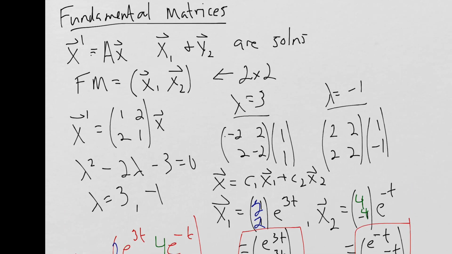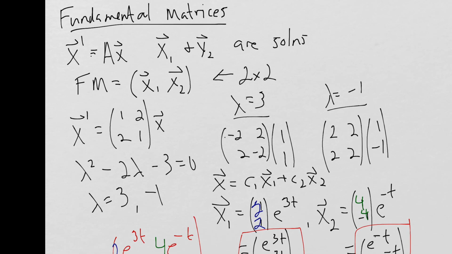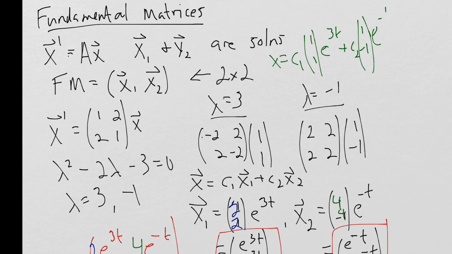I guess the last thing I'll say is what I said in the beginning, which is that the fundamental matrix is just another way of writing the solutions that you already know how to do with eigenvalues and eigenvectors. Normally you would write x equals c1 times [1, 1] e to the 3t plus c2 times [1, negative 1] e to the negative t.